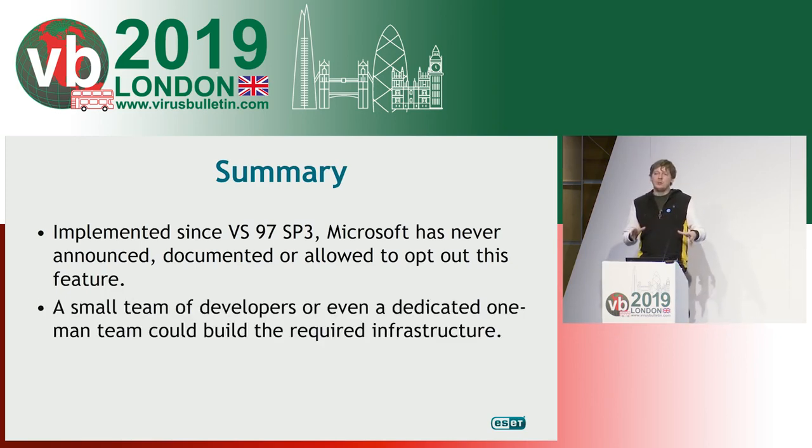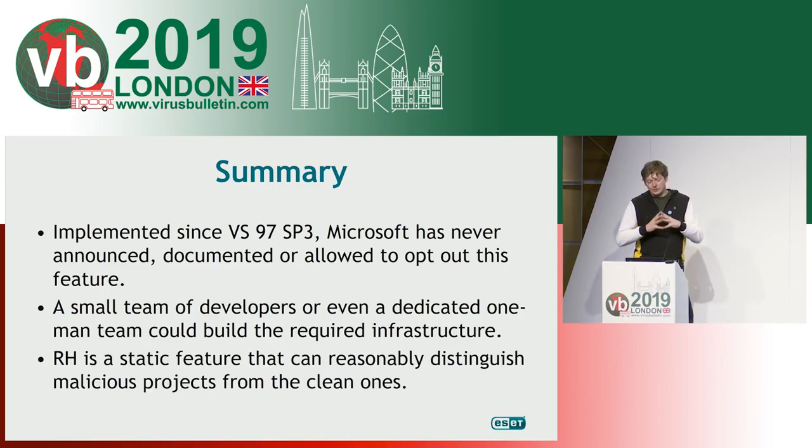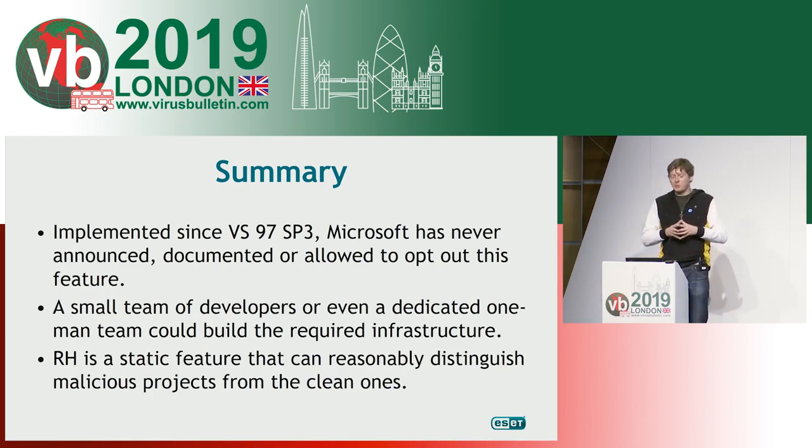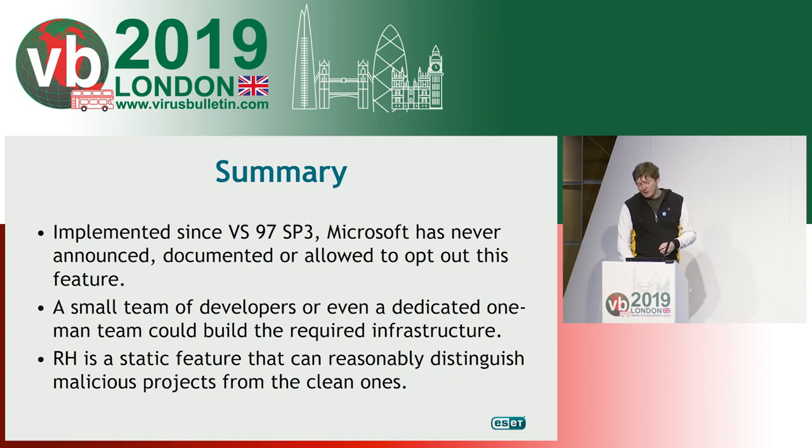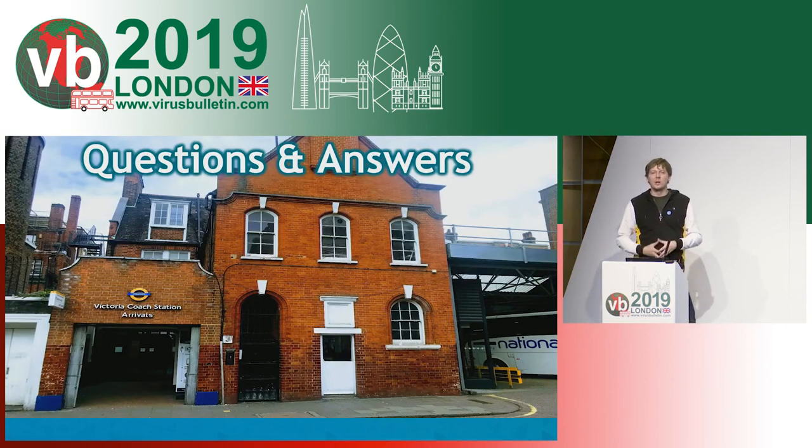I believe a small team of developers or even one single dedicated person could build the whole infrastructure behind this project. So you could get a lot of information for your APT tracking for little effort. And Rich headers are a static feature that can reasonably distinguish malicious projects from clean ones. And I think this is where I stop.